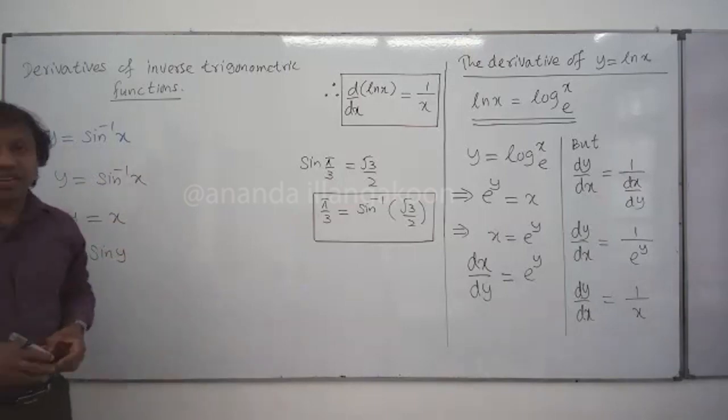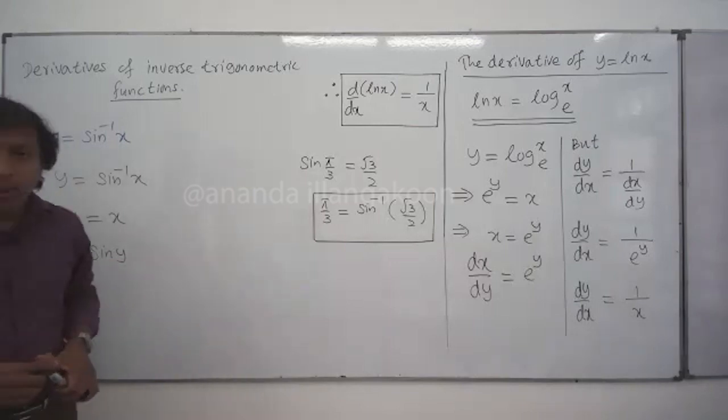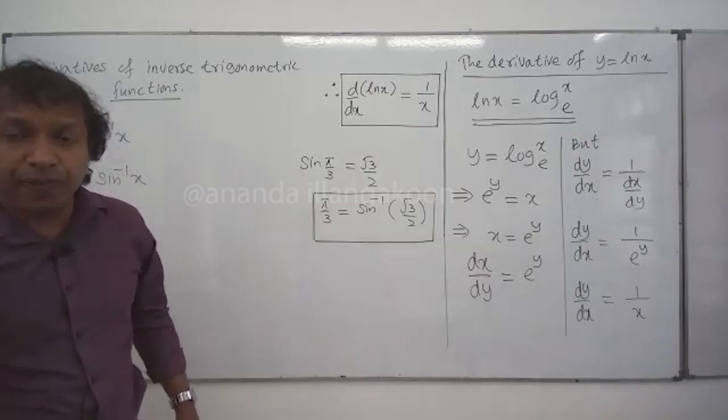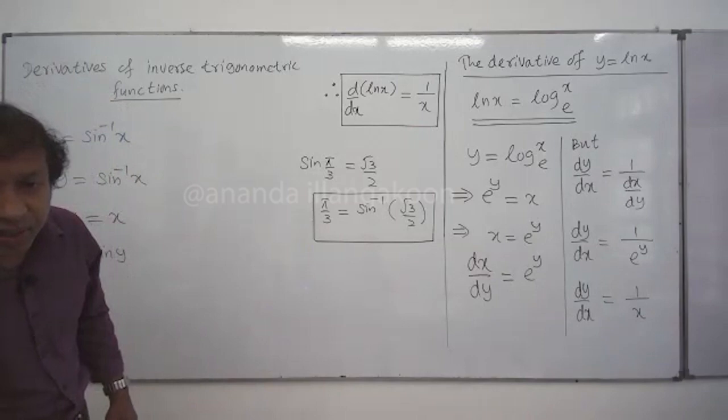Then what can you differentiate, people? We can differentiate and find dx upon dy, because the right-hand side y should come to the left-hand side denominator. Then we can find dx by dy. By finding dx by dy and converting that to dy by dx, you take this answer dy by dx.